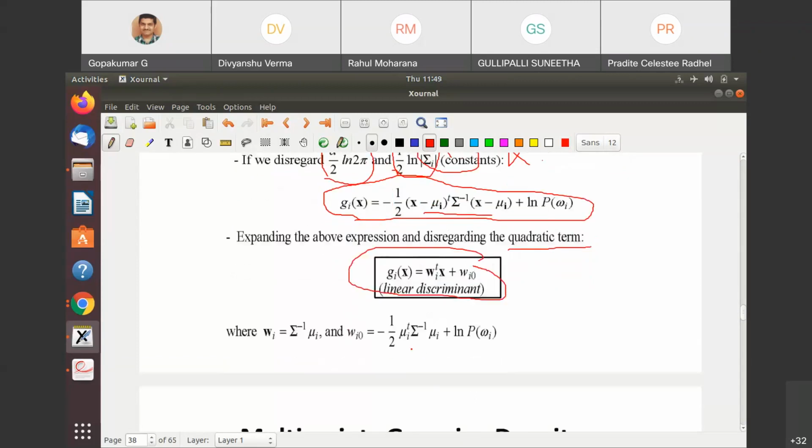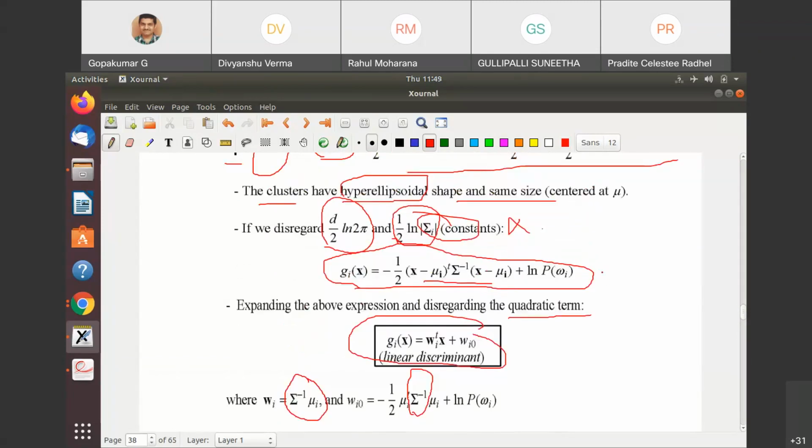Here sigma inverse is kept as such. Similarly, the mu term is not simply mu as in the previous case, but there is a multiplication factor, the inverse of the covariance matrix, that comes into the picture by expanding this.